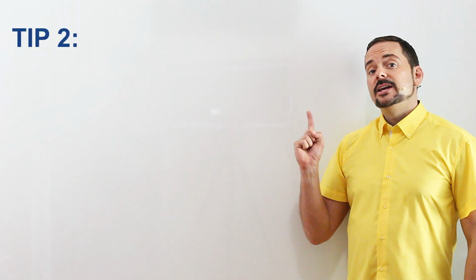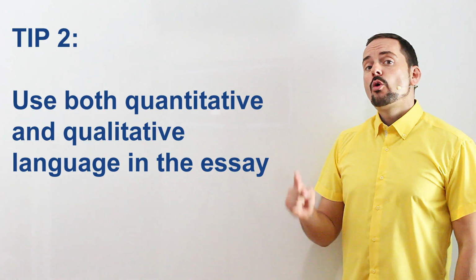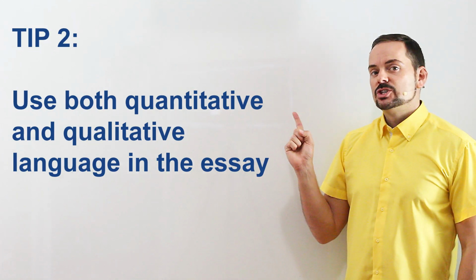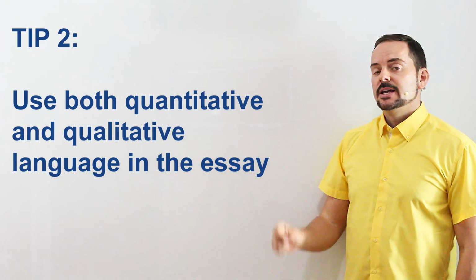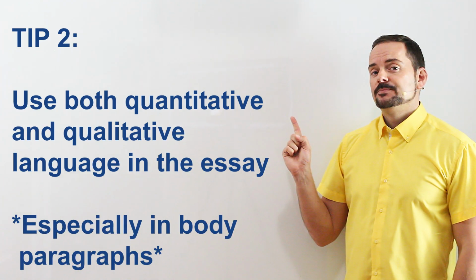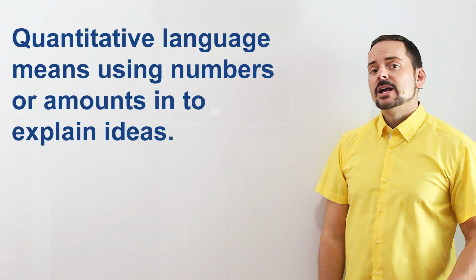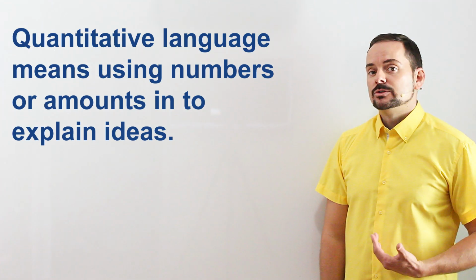A second important notion to keep in mind for those high band scores is to use quantitative language as well as qualitative language in your essay, especially in your body paragraphs. Quantitative language means quantity or numbers and amount.